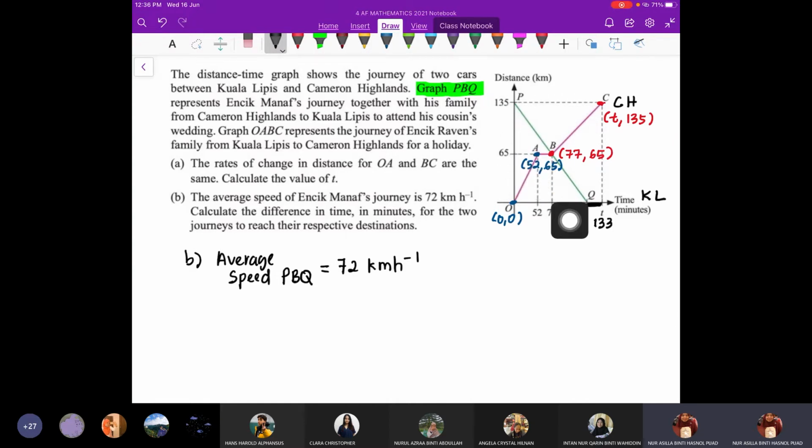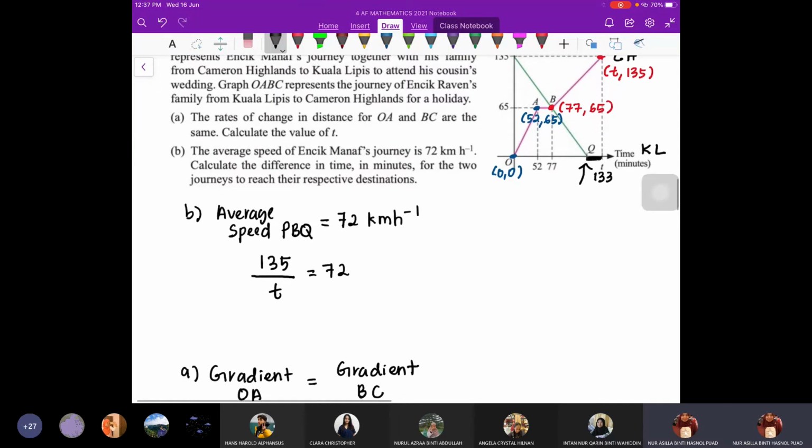Sebab PBQ dia tak berhenti kat mana-mana. Daripada Cameron Highland pergi Kuala Lipis, jarak dia adalah 135 km. So 135 km, total time yang saya tak tahu dan tak t. Kat sini kat Q ni t, is equals to 72. Jadi find t.